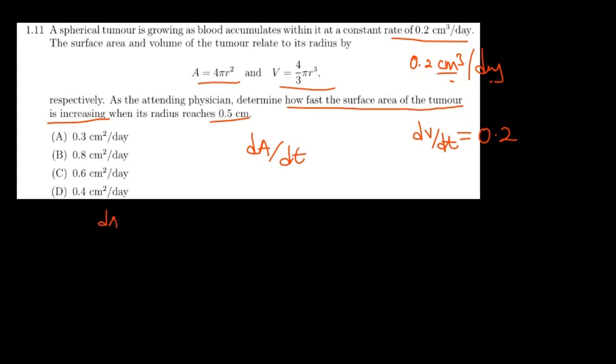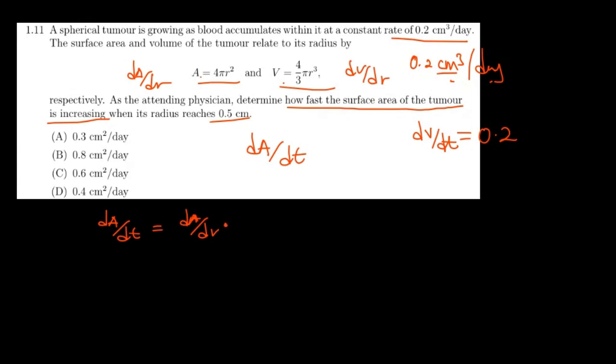So let's derive it. If I have dA dt that I want to find, it's the same as, because A is equal to this, I'm going to get my dA dr from here, and from here I'm going to get my dV dr. So dA dt will be dA over dr, but I don't want this dr, so it should cancel with something.